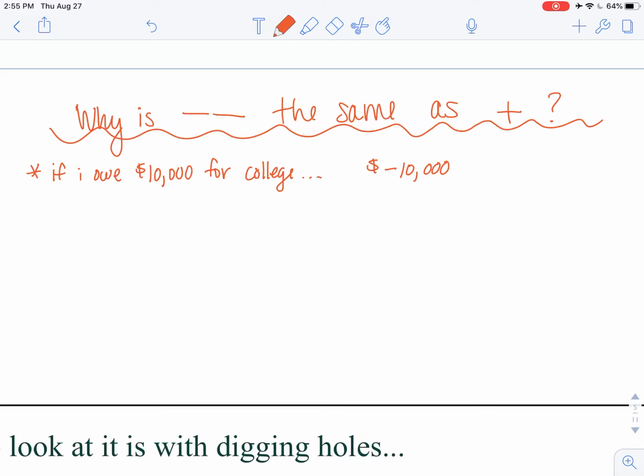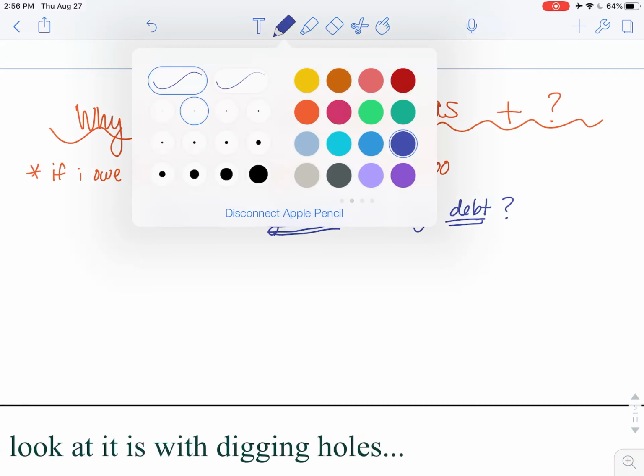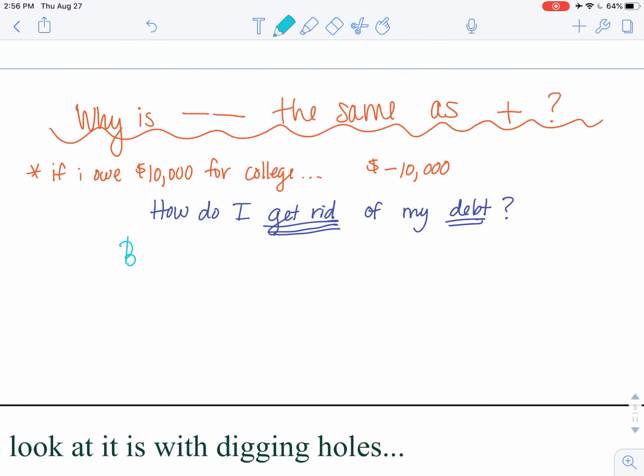All right? My question to you is, how do I get rid, subtract or lose, get rid of my debt? How do I get rid of my debt? Well, by paying my money.